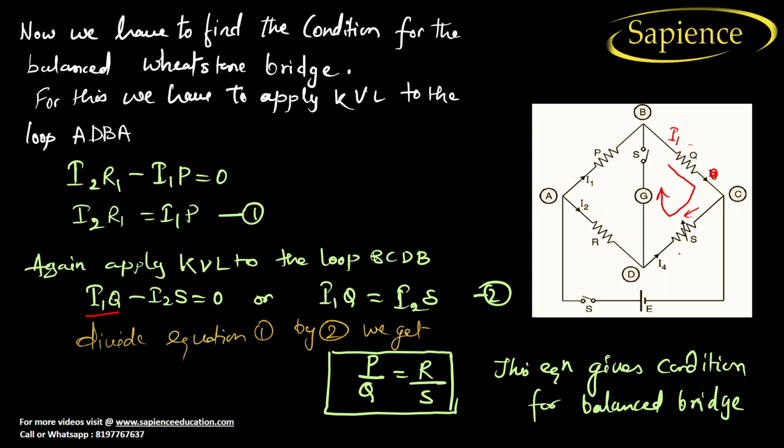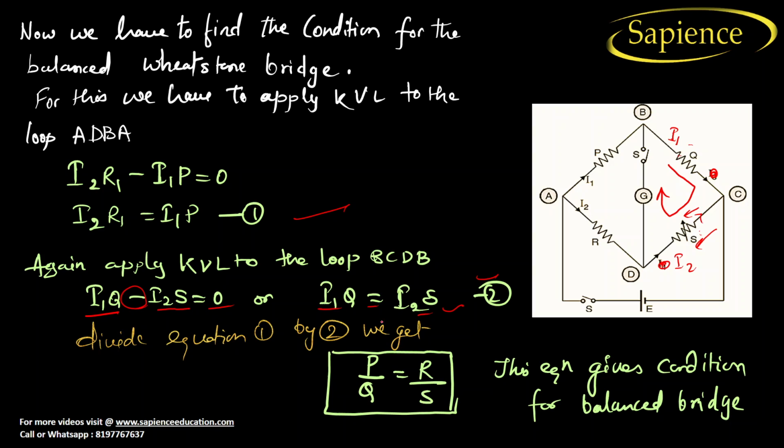But here, the current is coming in this direction, so we are going against the current and we have to put a negative sign: I2 into S. So I1 into Q is equal to I2 into S. Now we need to divide these two equations.